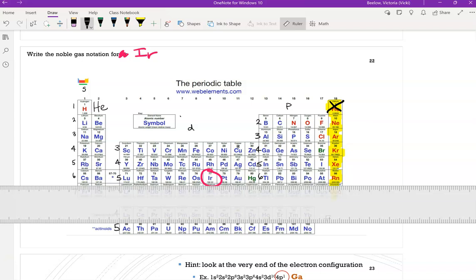So this is 77, 76, 75. If I keep going backwards, we would have xenon, which is number 54. So I'd write Xe, which is xenon.